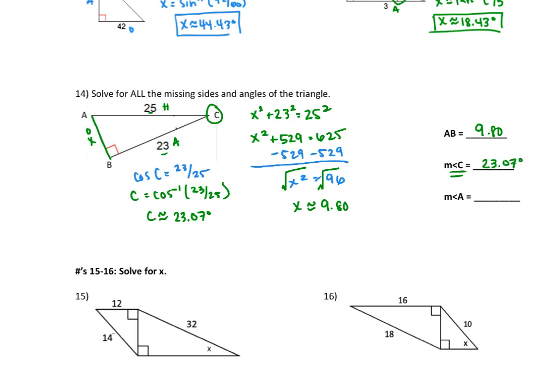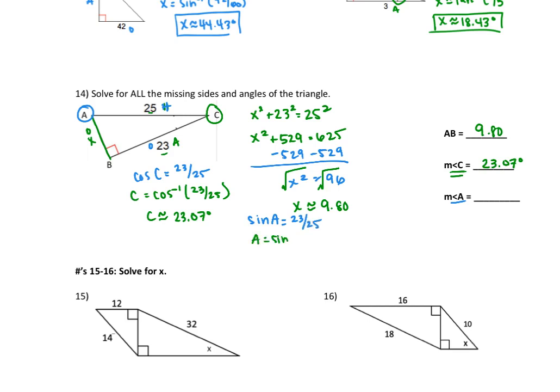Okay, at this point you can either use triangle sum theorem or you can use inverse trig again to solve for A. So I'm just going to use inverse trig solving for A. So now using A as my reference angle, 23 is now my opposite side. 25 is my hypotenuse, so I'm going to use sine for A. So sine A equals 23 over 25.